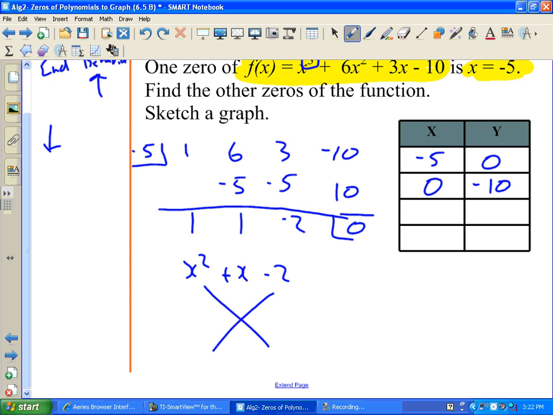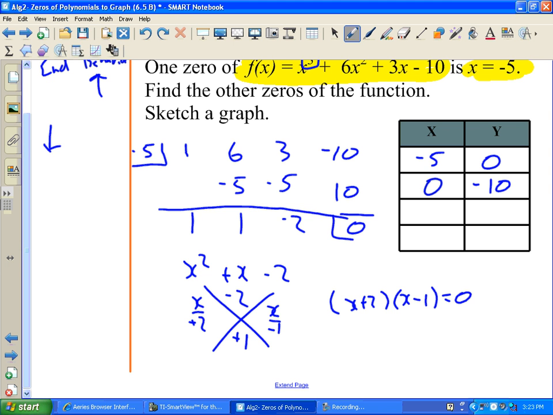We need to factor. It's a negative 2, a positive 1, x over. Some of you guys are getting pretty good at this. You can do it in your head. Hopefully you'll agree with me. Hopefully I do it right. That's a positive 2 and a negative 1. Factors: x plus 2, x minus 1.